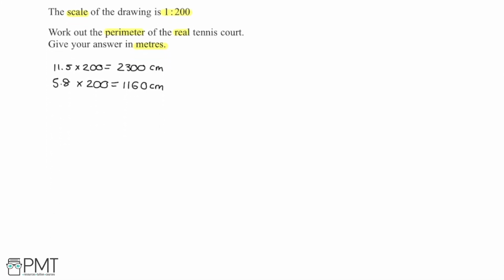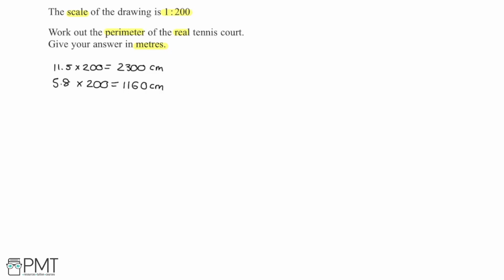So this is the width and height of the actual tennis court in centimetres. Now if I want to work out its perimeter, I'm going to need to sum all sides of the rectangle. So it's basically 2 lots of its height plus 2 lots of its width.